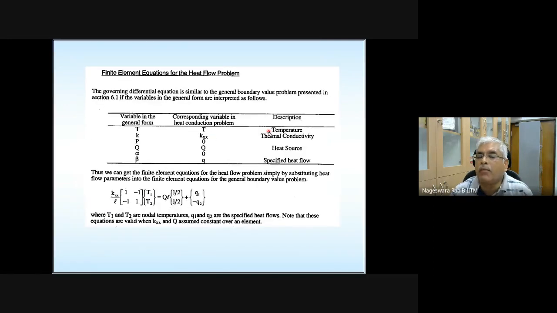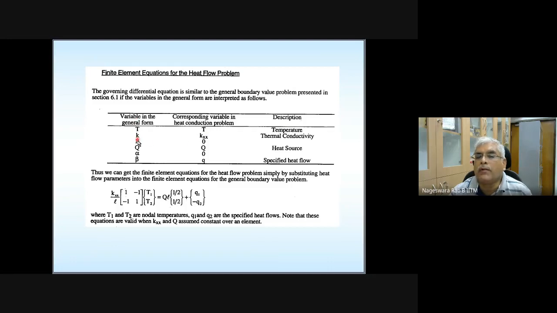Then you can easily form a table like this. What is this table showing? What is the variable in the general boundary value problem, what is the corresponding variable in the heat conduction problem, and what does it represent? In the general boundary value problem, field variable T is there, and here also T is there, but in the steady state heat conduction problem, T represents temperature.